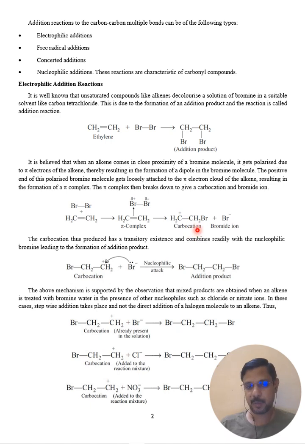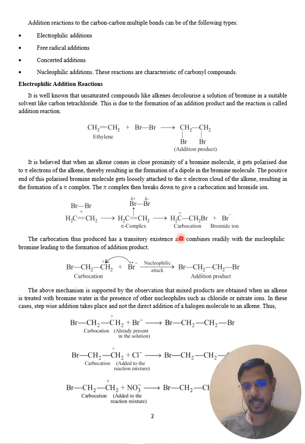As you see here, once it attacks, the complete pi bond pair of electrons will be given to a bromine atom in order to make a CH2Br sigma bond. Once that sigma bond is made between the CH2 and Br, there will be a positive charge on the carbon atom.